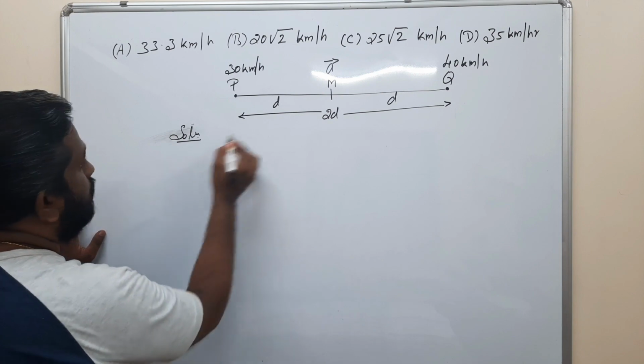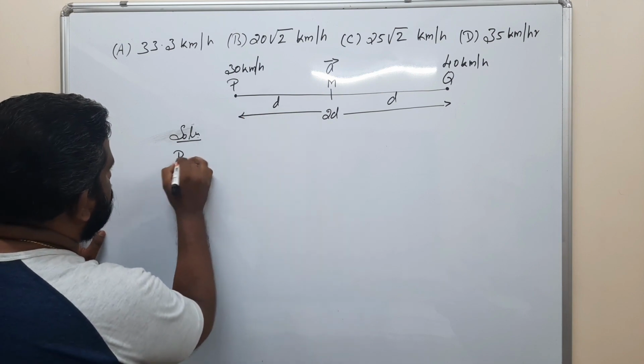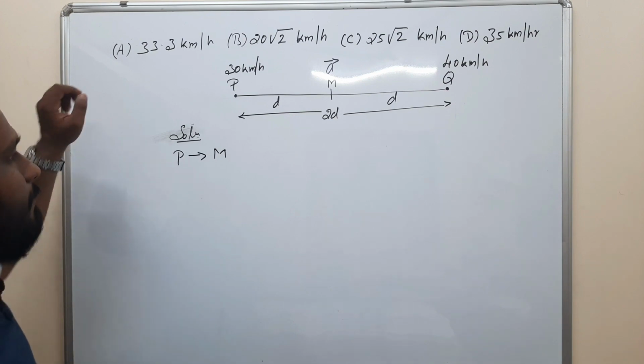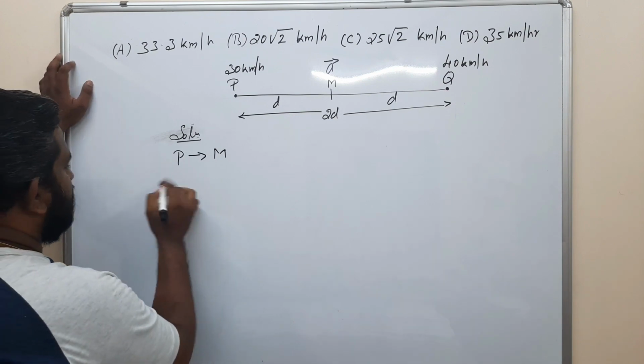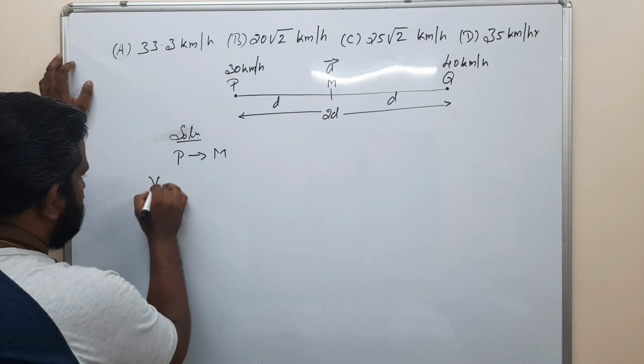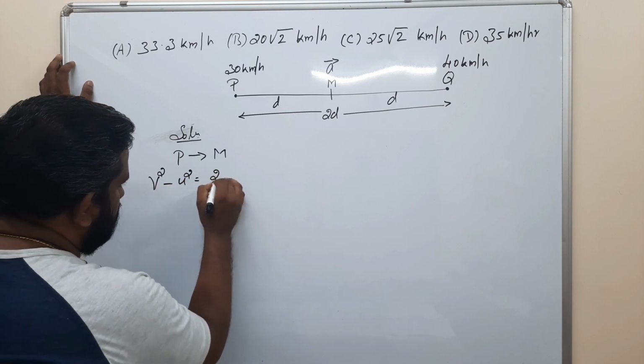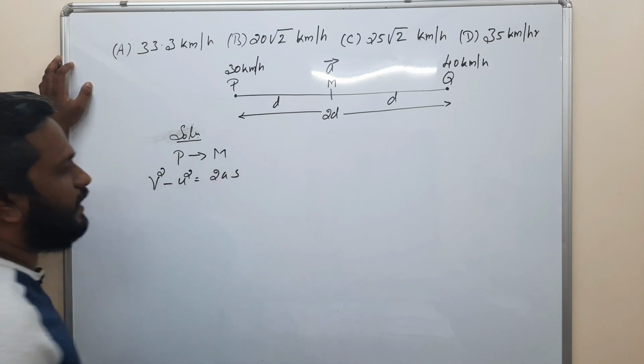I am considering the motion of the car from P to M. I am using the kinematic equation V square minus U square is equal to 2AS.